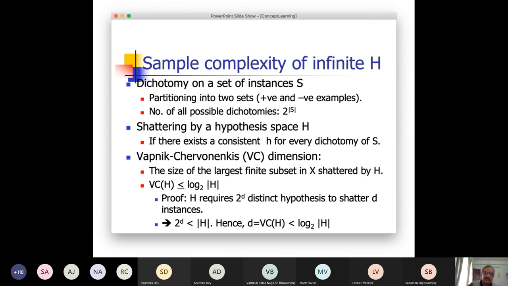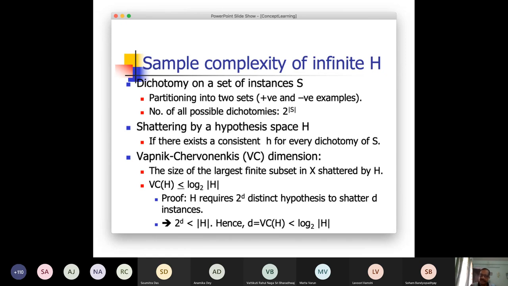In fact, that is the property of the VC dimension: if there exists any such finite subset, that is sufficient. It need not shatter all subsets in X. If there exists any such subset which is shattered by H, then that is a candidate, and the VC dimension should be at least greater than or equal to that number, because there may exist another set of greater size also.